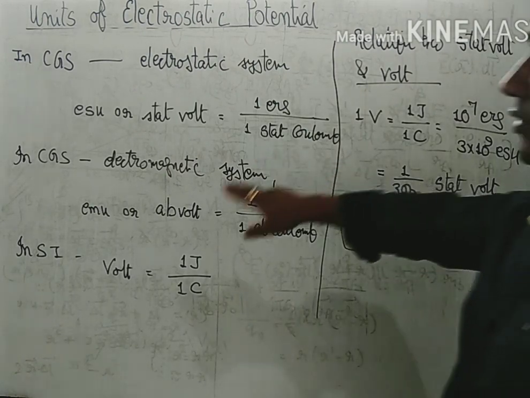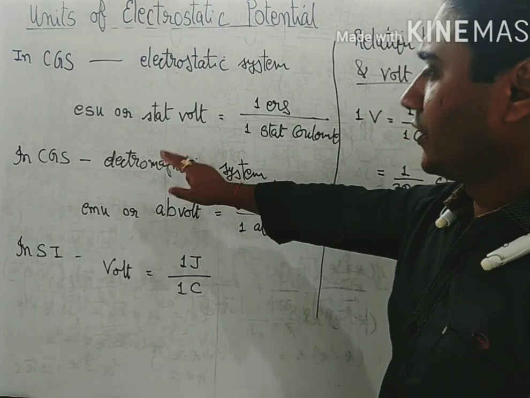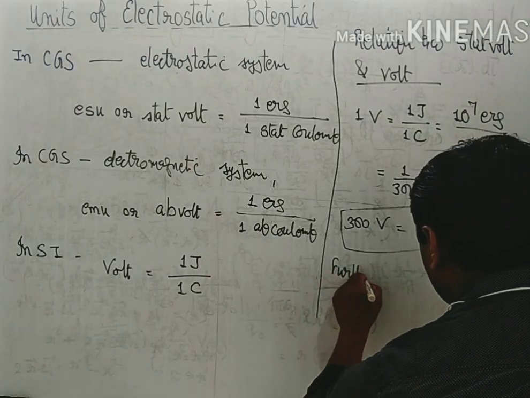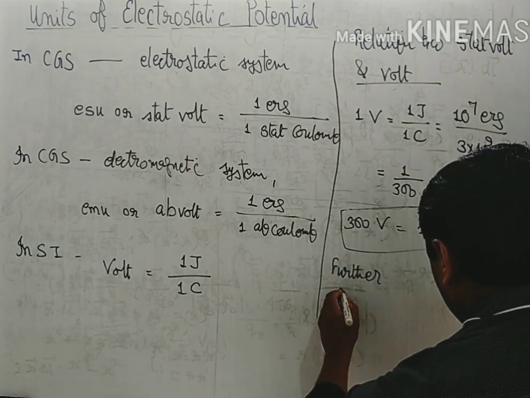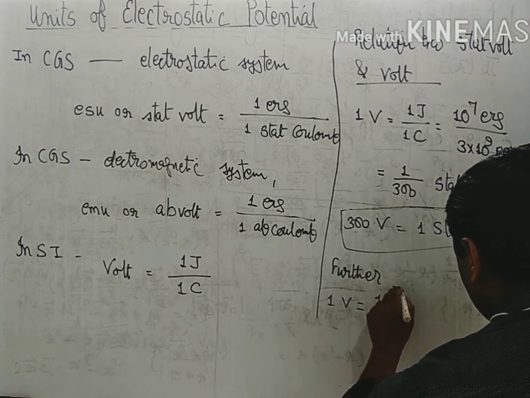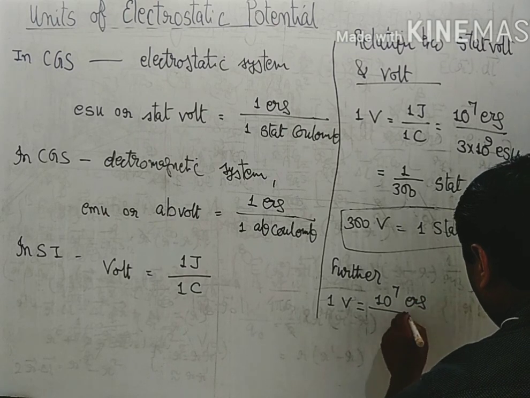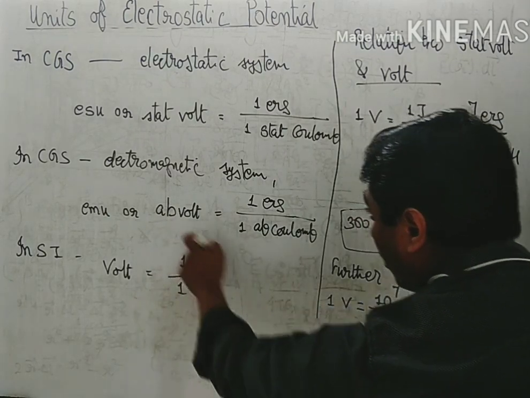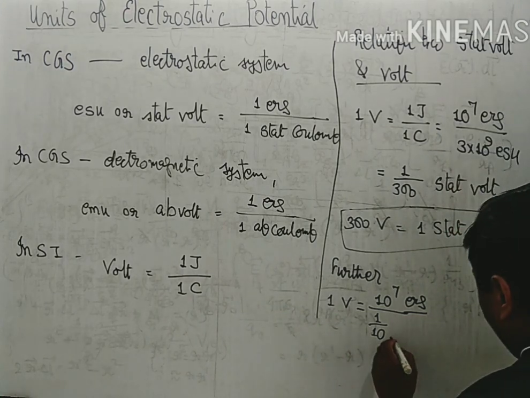Now we can have the relation between this and this. Further, we can have 1 volt equal to 10 raised to 7 erg upon 1 by 10 ab coulomb.